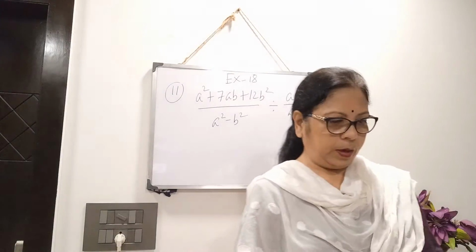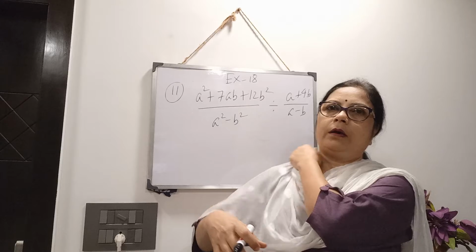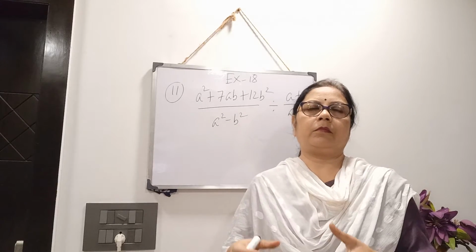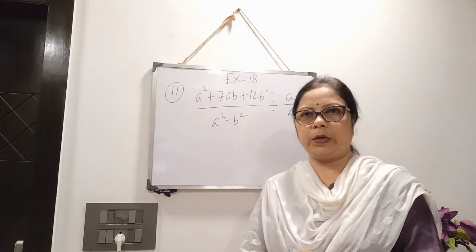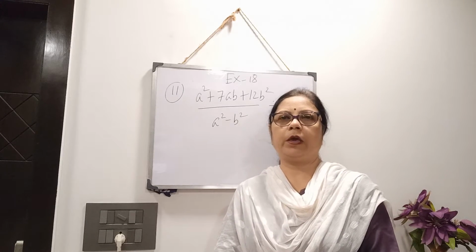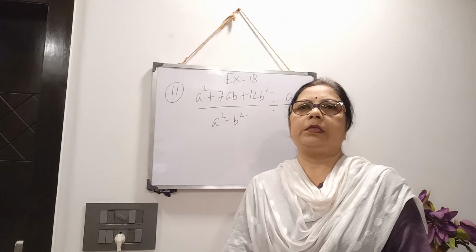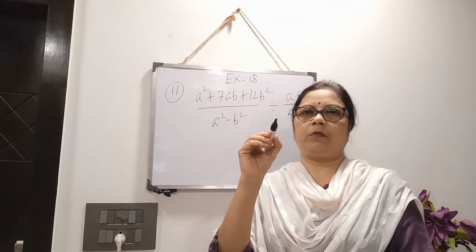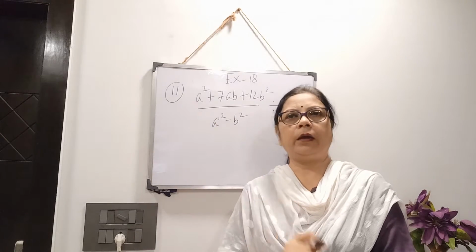You know, in fractional simplification in arithmetic, if there is a division sign, then we have to change this sign to a multiplication sign and the fraction will be inverted.